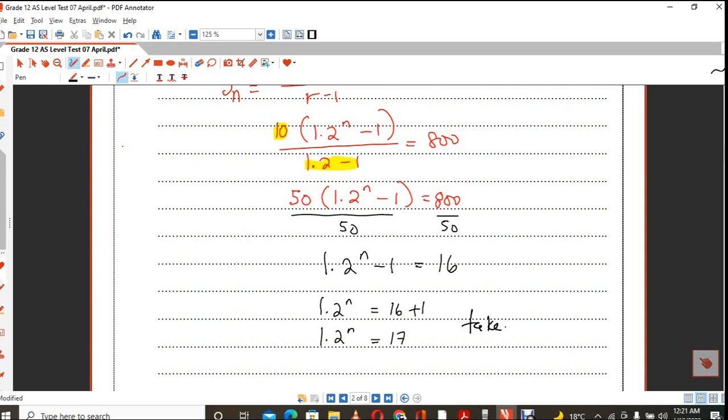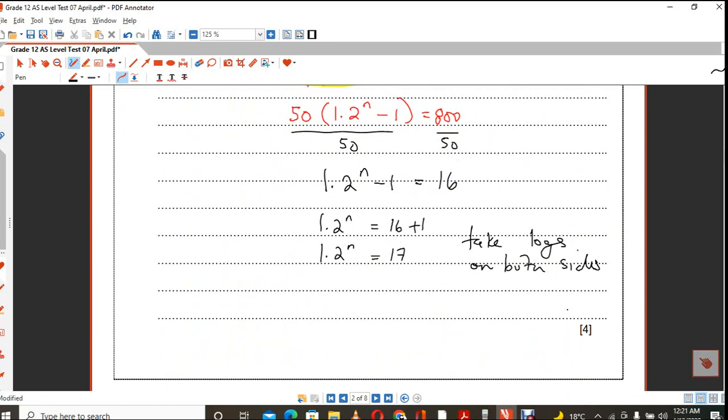What you would want to do is take logs on both sides because the unknown happens to be a power. So that is n log 1.2 is equal to log 17. So n would be log 17 divided by log 1.2.